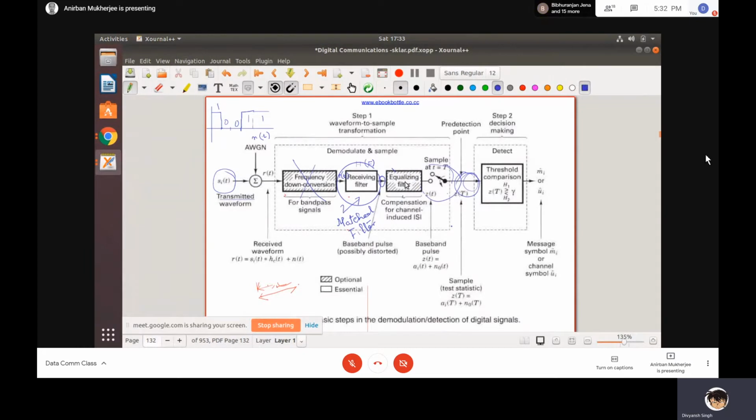I have to design it as 1 by mod HCF into e to the power minus jθ, which is the inversion of the channel. This is my receiving filter HRF, and on the transmitter side I have HTF. These two are some sort of raised cosine filter.